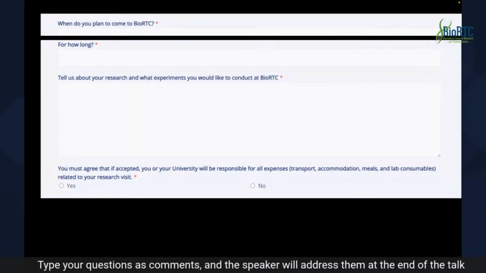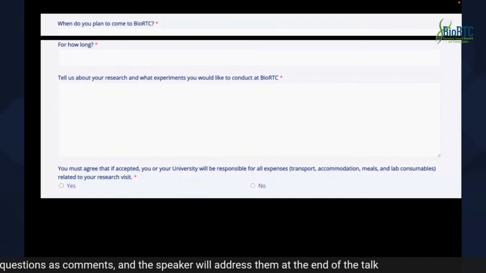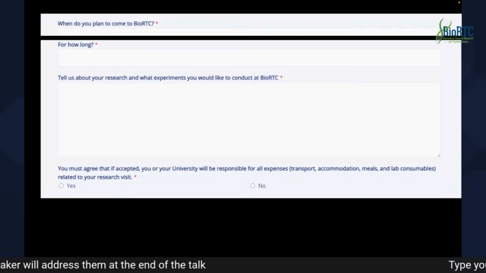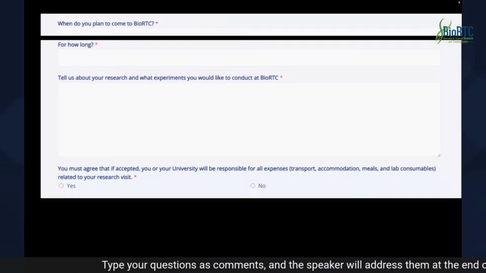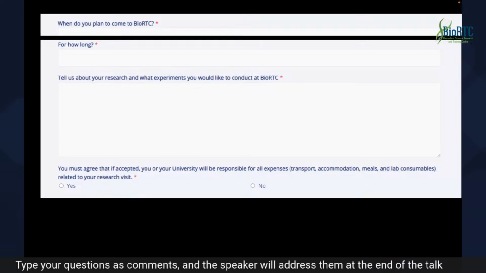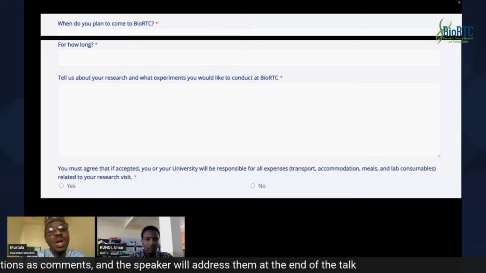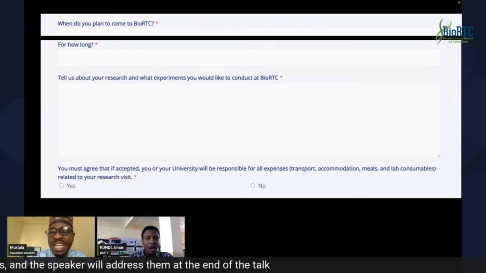Now, what I want to really talk about is where it says tell us about your research and what experiments you would like to conduct at RTC. Please, here is not where you put all your research methodology as you have it in your research proposal. What we want here, like I said in the research design that I gave you, is that you have already finished everything.